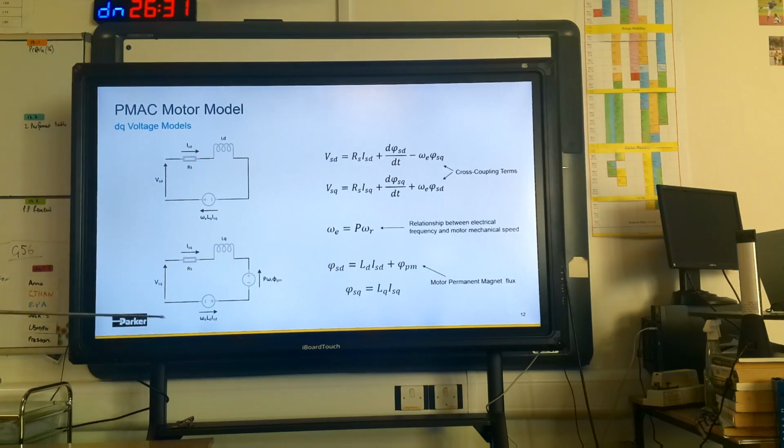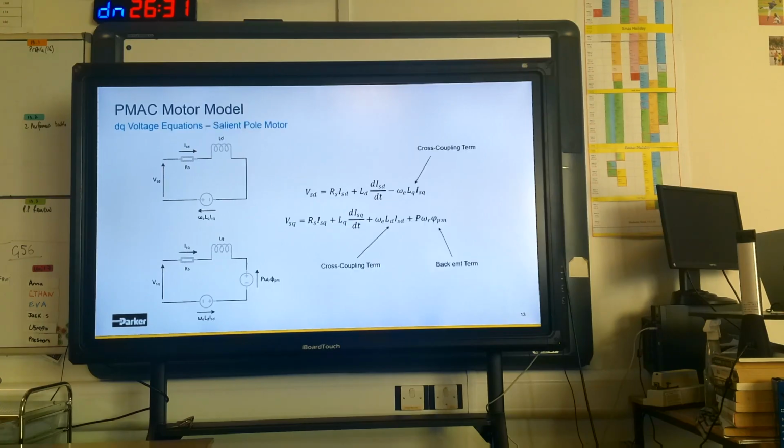And you can see I've drawn that up as a little circuit diagram with a flux, a voltage proportional to speed and flux, or back EMF, and the 2 cross-coupling terms. And then the rest of it is just an RL load, to be honest with you, with very little R. I mean, if a motor had a high stator resistance, that would be a bad thing, because it would be a very lossy motor.